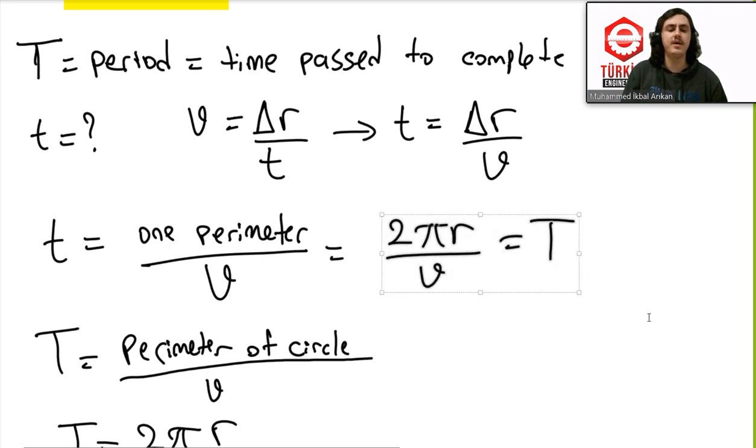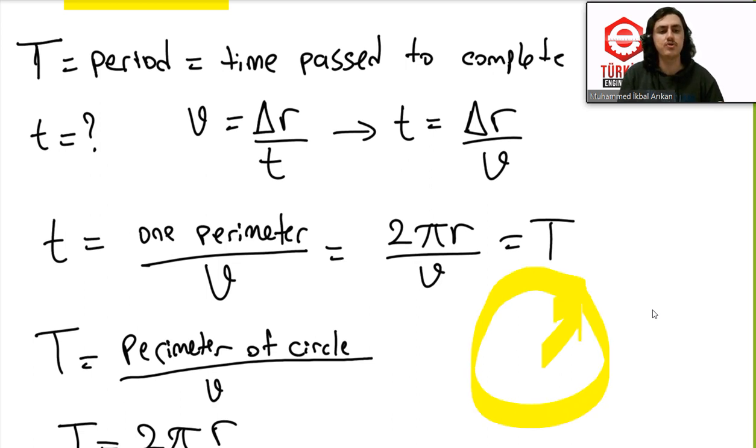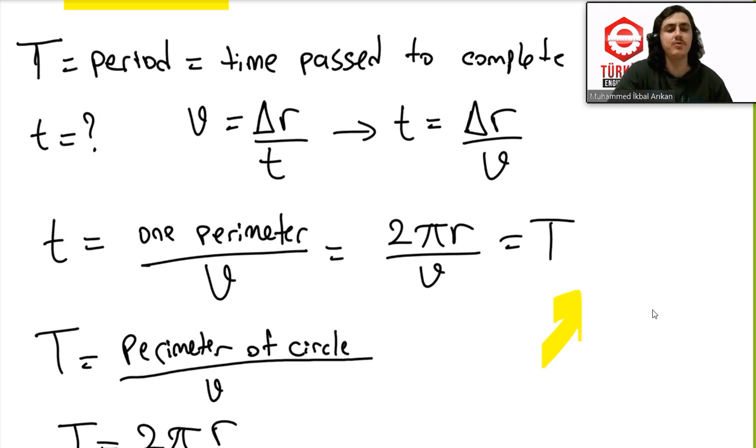Sometimes you don't know what is the velocity. For example, just think about a clock. You don't know what's the velocity of the clock, but you know that to complete one, this will be just the clock arrow, to complete a whole circle, it will take just 1 minute, and 1 minute will be equal to 60 seconds. So I know what's the time period, but in this case I don't know what's the velocity.